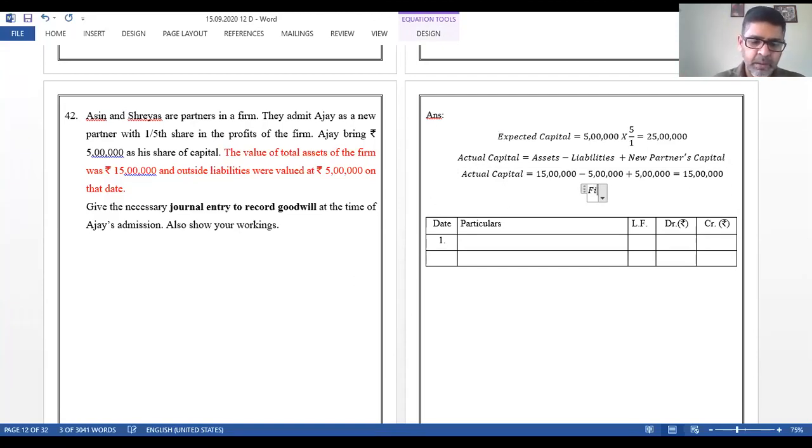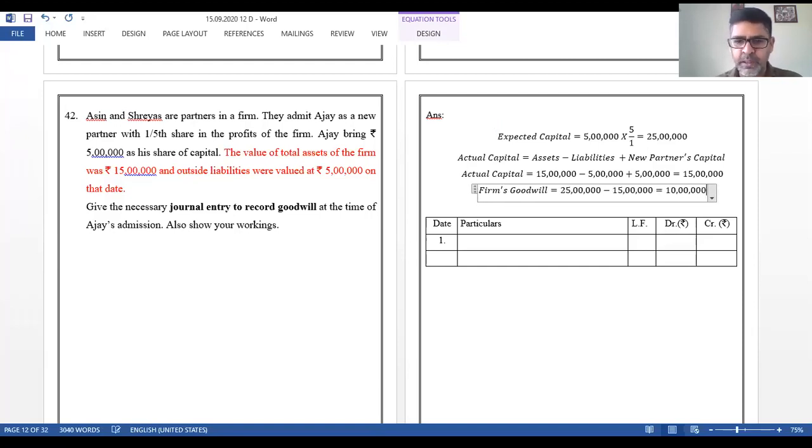Now finally we will have the firm's goodwill. Again and again I have told you, in this particular way we are going to have the firm's goodwill, not the share of the new partner. So the firm's goodwill is expected capital minus actual capital, that is 25 lakhs minus 15 lakhs. So this will give us 10 lakhs.